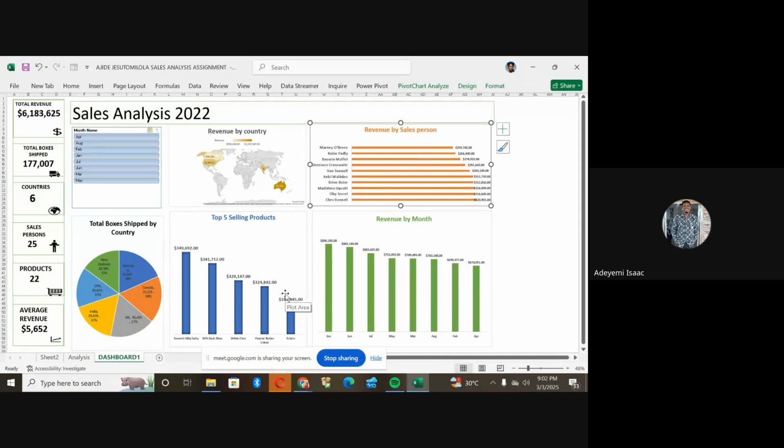You can stop sharing your screen. Olajumoke can come in. Let's move on, we are short on time already. Olajumoke, are you there?